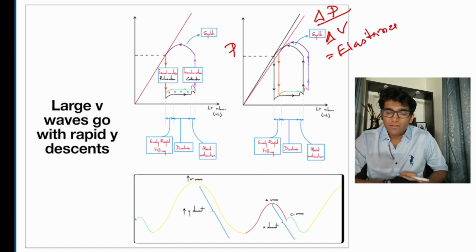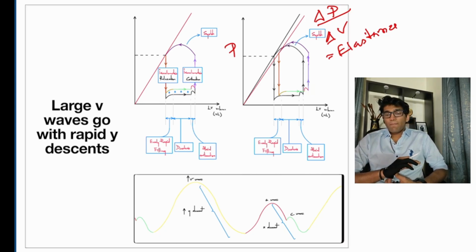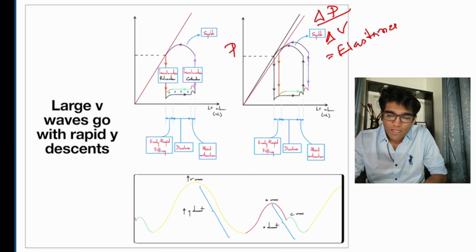Okay, 1 by compliance. Now at the end of systole, the relationship between ventricular pressure and ventricular volume is actually a marker of ventricular contractility, because if the ventricle can contract very fast, then by the end of systole this curve would have reached here.